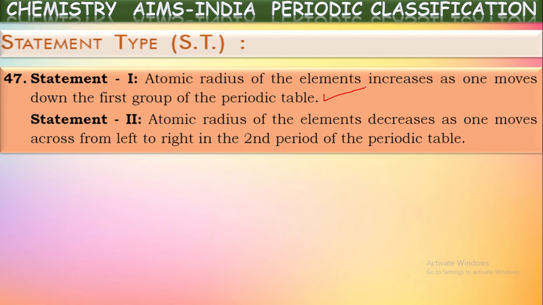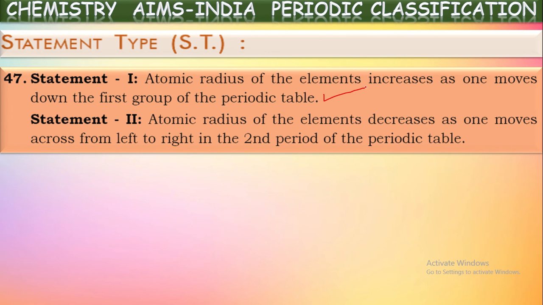See the second statement. Atomic radius of the elements increases as one moves across from left to right in the second period of the periodic table. So what happens in the second period? Not only in the second period, we can say generally in a period from left to right, atomic size decreases.